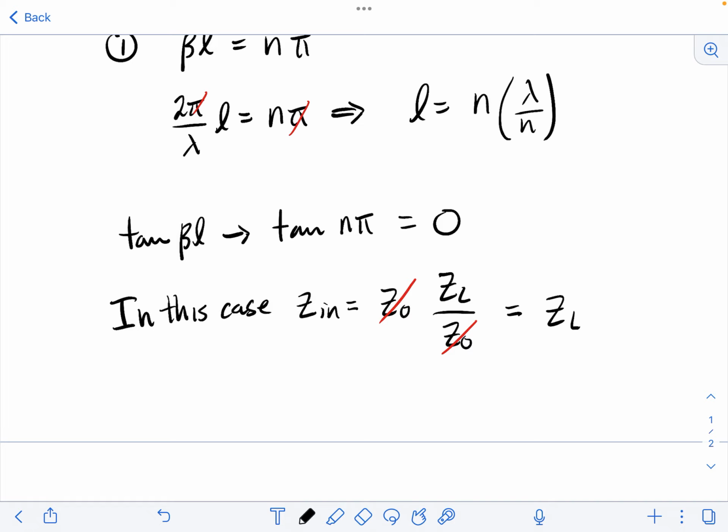So the effect of the transmission line is just to transport that load impedance at its far end to look like it's located right at the near end, at the input of the transmission line. Okay, that's one case.